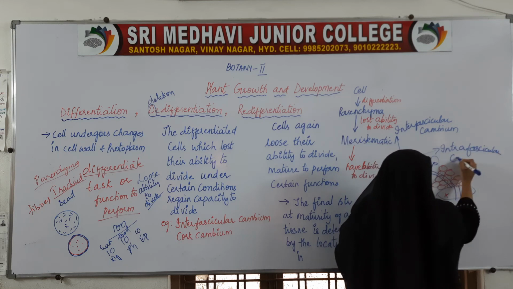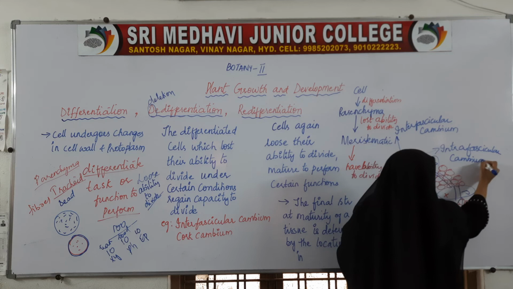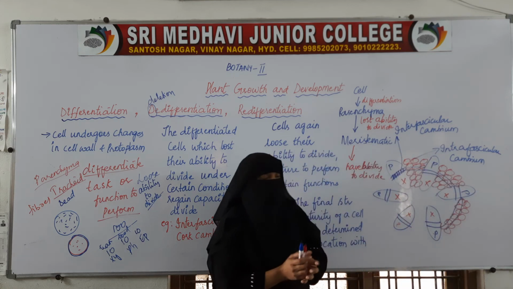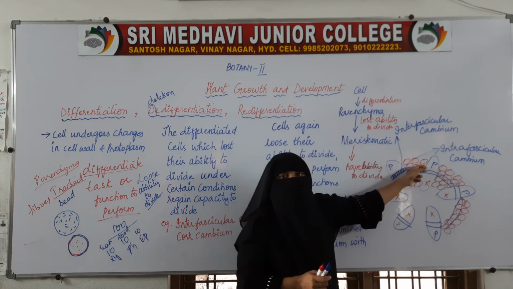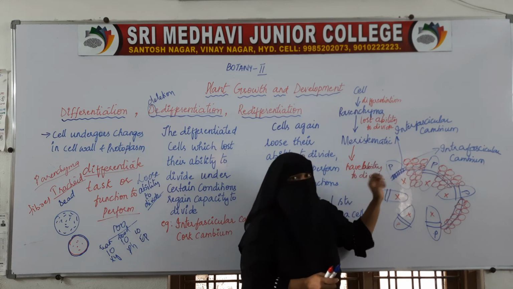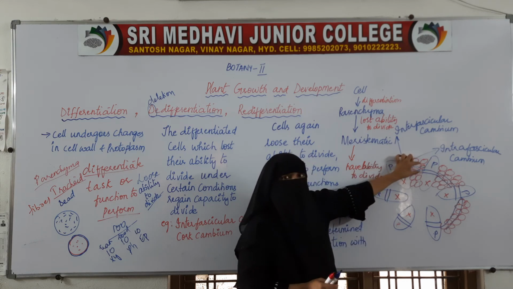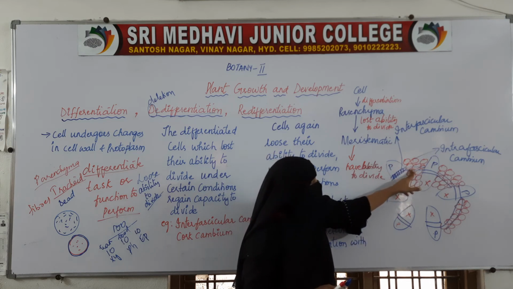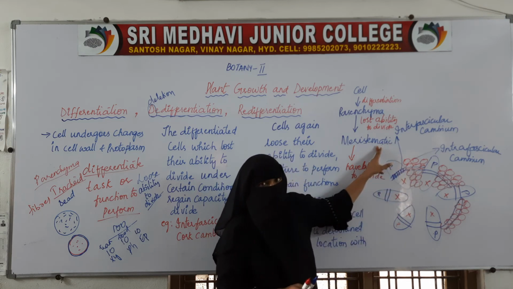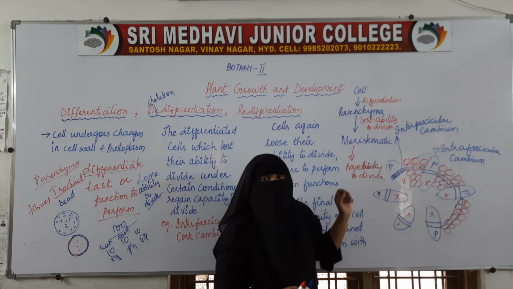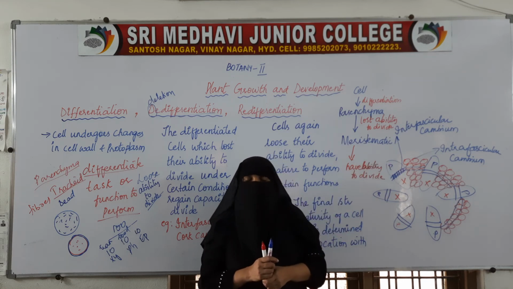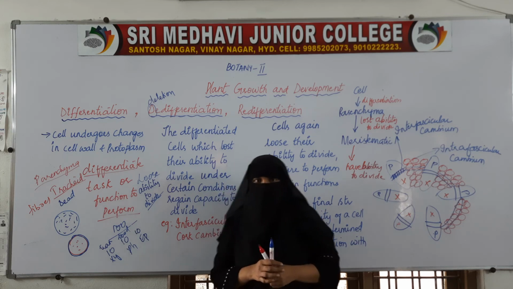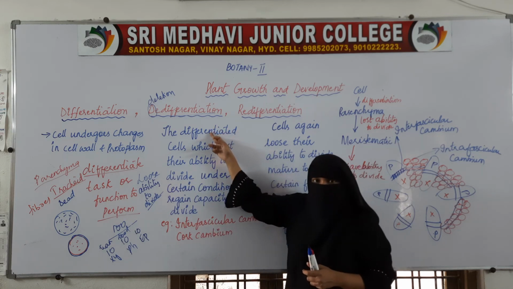The parenchymatous cells which have lost their ability to divide, under certain conditions will again change into meristematic and regain their ability to divide. That process is called dedifferentiation.